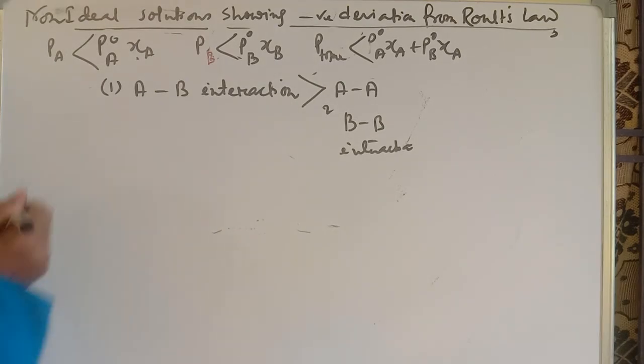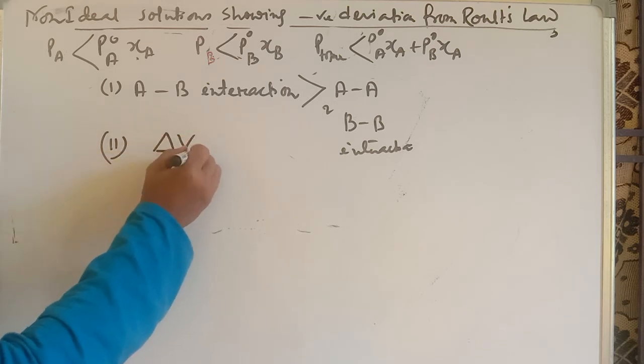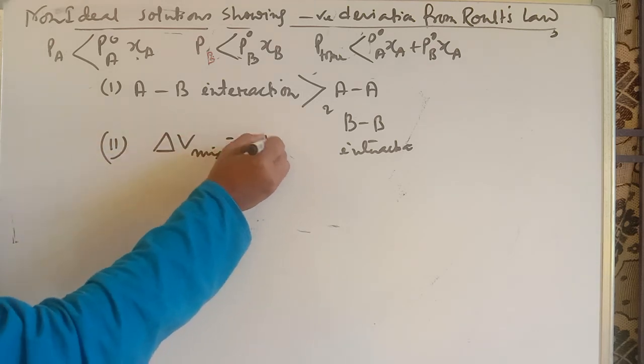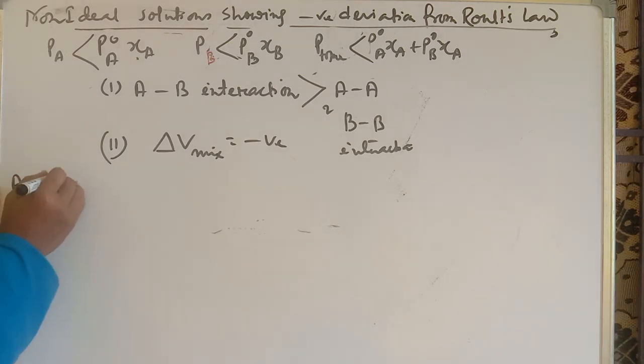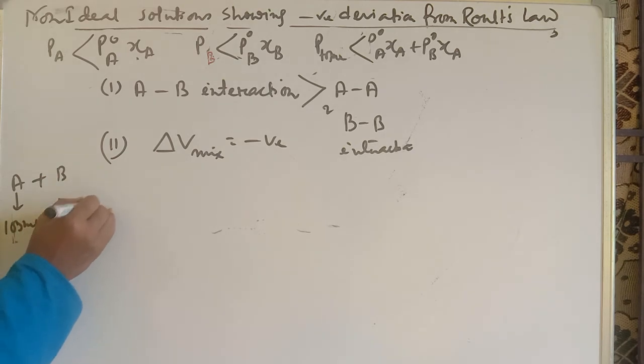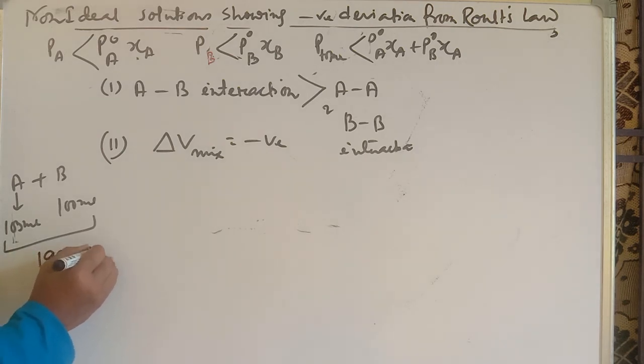More conditions for non-ideal solutions showing negative deviation. Del V mix should be negative. That is, if you mix A 100 milliliter plus B 100 milliliter and you get the total volume of the mixture, suppose 199.9 milliliter, you see, due to the mixing, volume decreases.